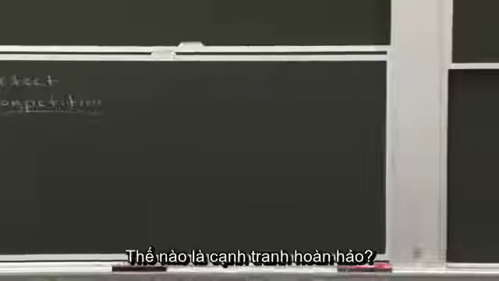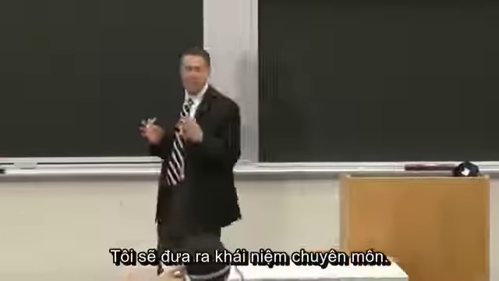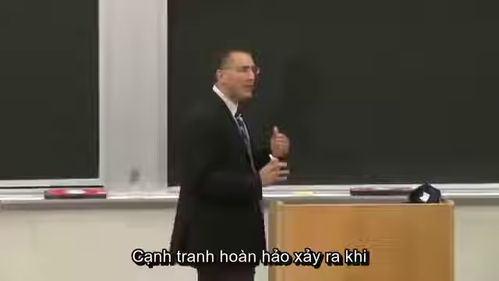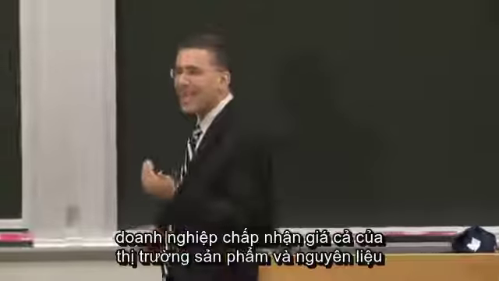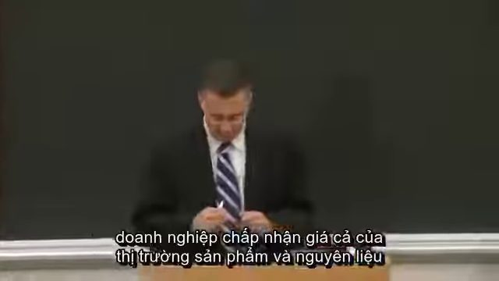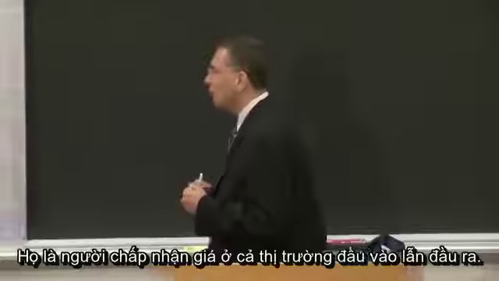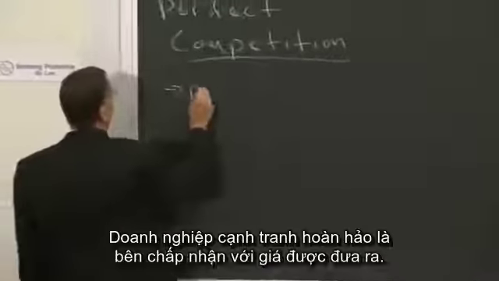Now, what is perfect competition? Basically, I can give you a technical definition. Technically, perfect competition exists whenever firms are price takers on both the output and input markets. So perfectly competitive firms are price takers.